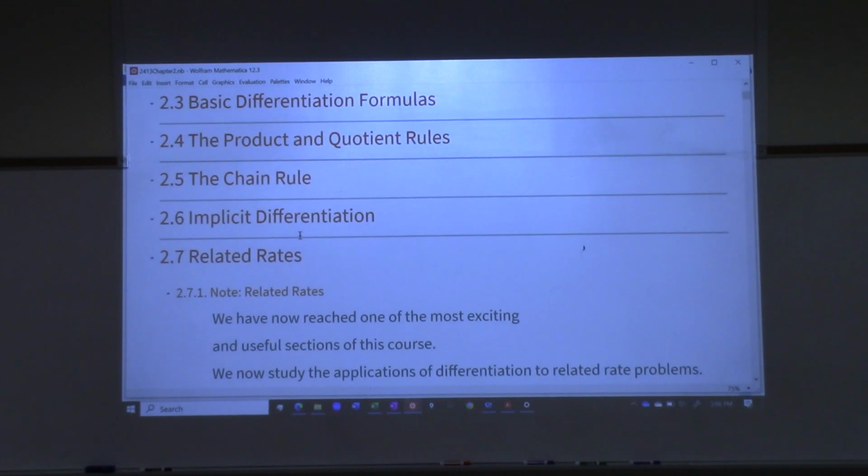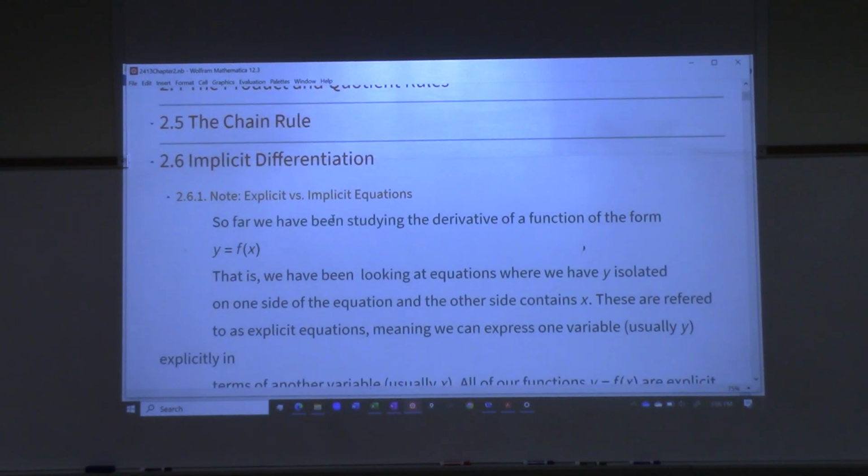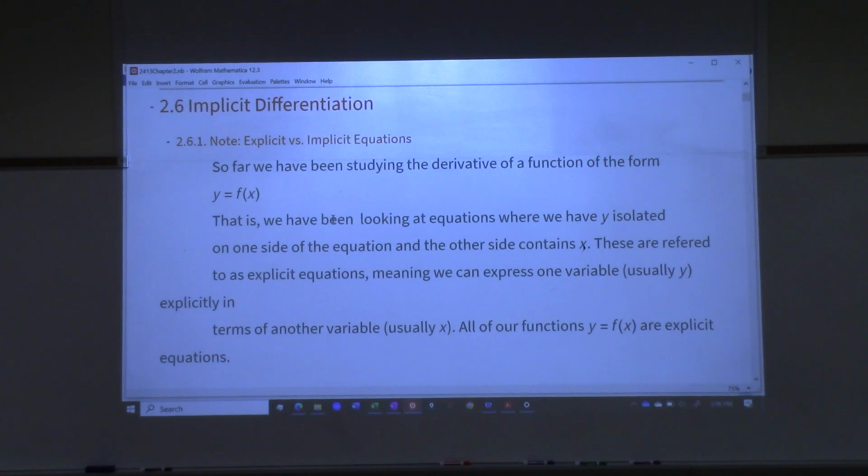All right, 2.6, implicit differentiation. So everything that we have been studying since we started this class is functions, right? We have been dealing with functions.